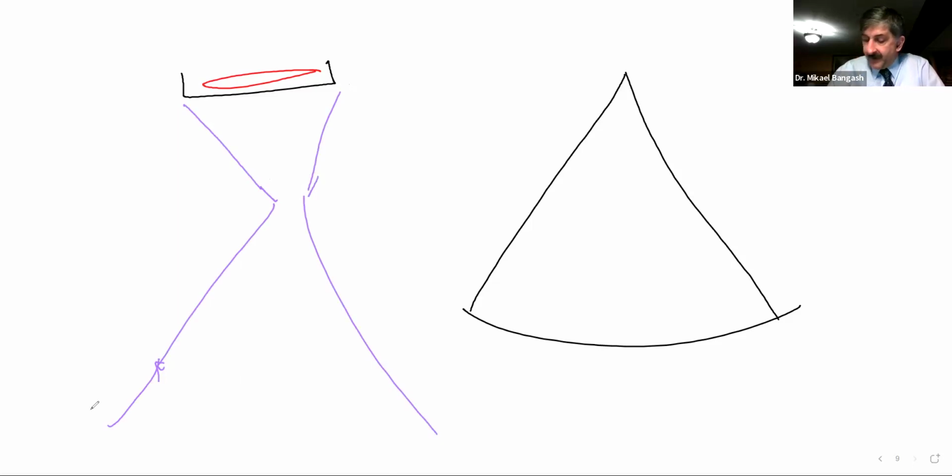Now, the end of the Fresnel zone. This here is your Fresnel zone. So the end of that is going to be here.